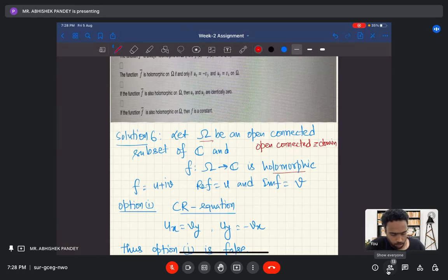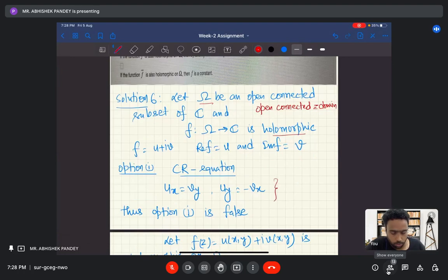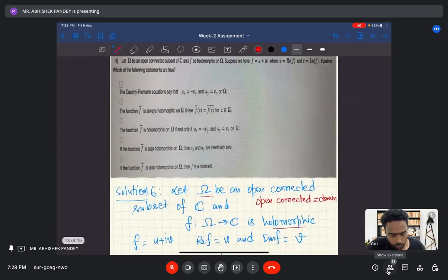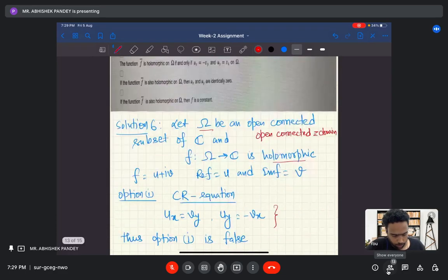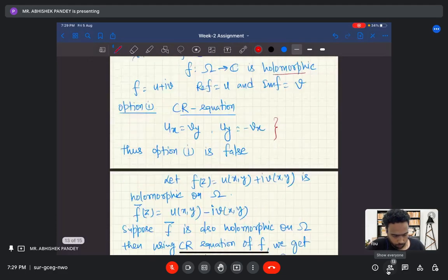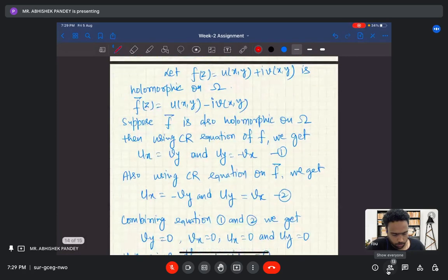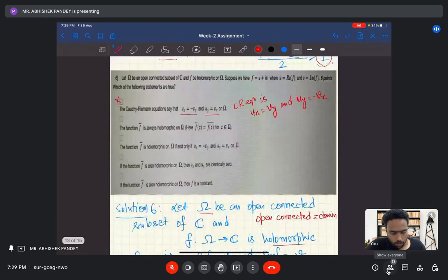The Cauchy-Riemann equation is u_x equals v_y and u_y equals minus v_x. Thus option 1 is false. Option 1 says u_x equals minus v_y and u_y equals minus v_y. This is false because the CR equation is u_x equals v_y and u_y equals minus v_x.